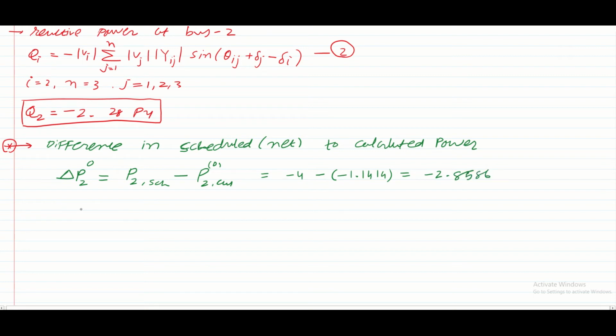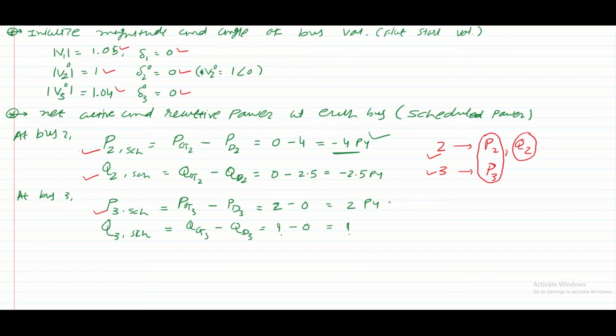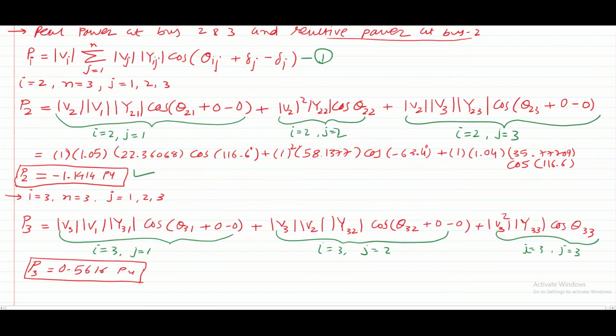minus 2.8586. Clear? Now, similarly for the change in active power at bus number 3, we will get P3 scheduled, or we can say net, minus P3 calculated. Okay, so here P3 scheduled is 2 per unit, and P3 calculated is 0.5616.